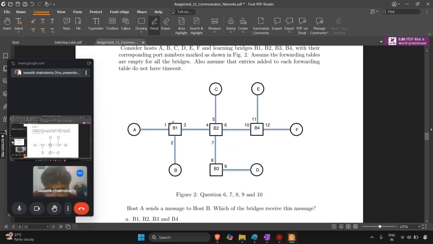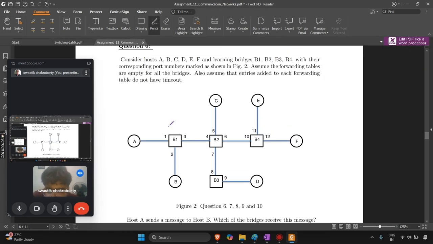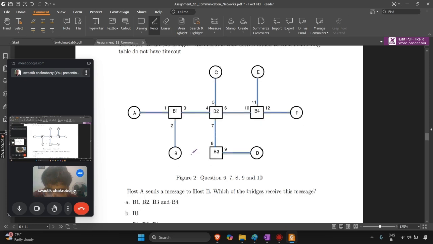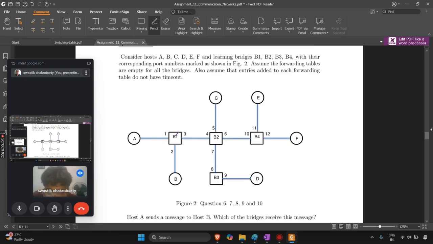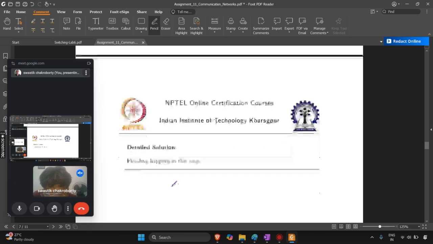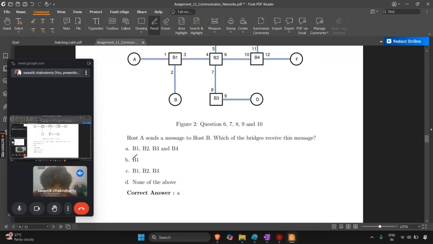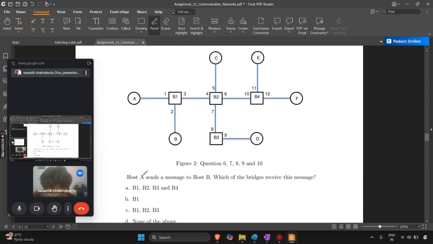Here host A sends a message to host B, but this message has two routes. From B1 it can go to B, or it can go to B2, then it can go back, or it can go to B2 and B3, then it can go back, and like that there can be flooding. So if there is flooding, then all the bridges will receive the message.